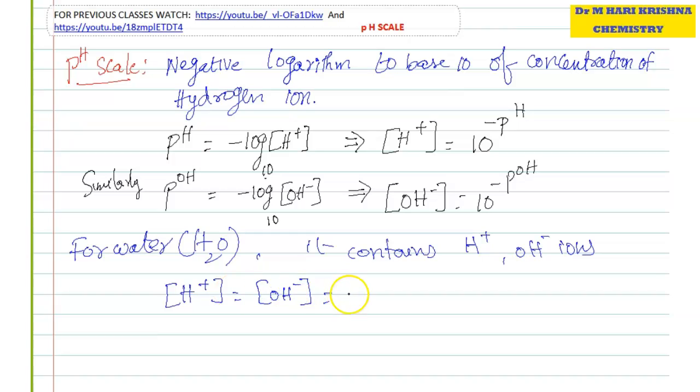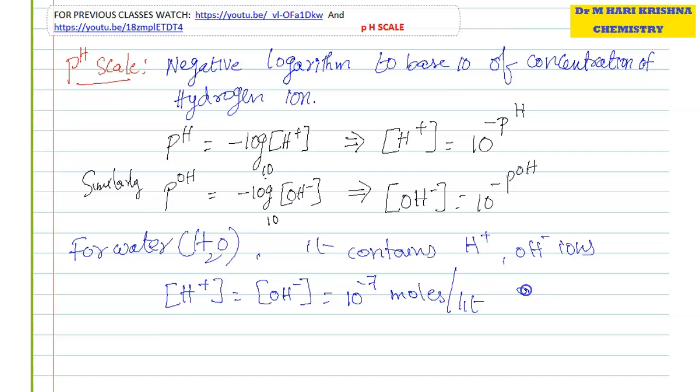Both are equal. What is that value? That is a fixed value, 10 power minus 7 moles per liter. Concentration units are moles per liter. So concentration of H plus equal to 10 power minus 7 moles per liter, and similarly concentration of OH minus also 10 power minus 7 moles per liter.